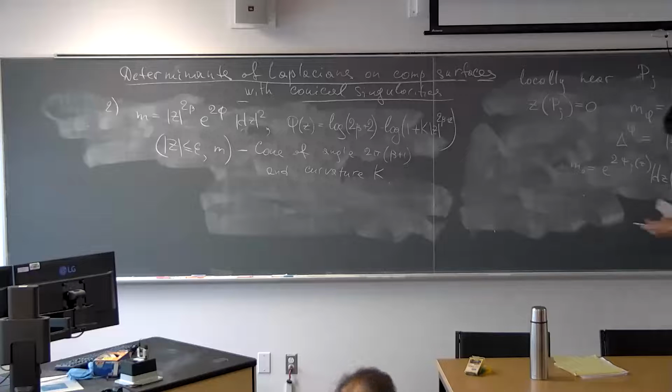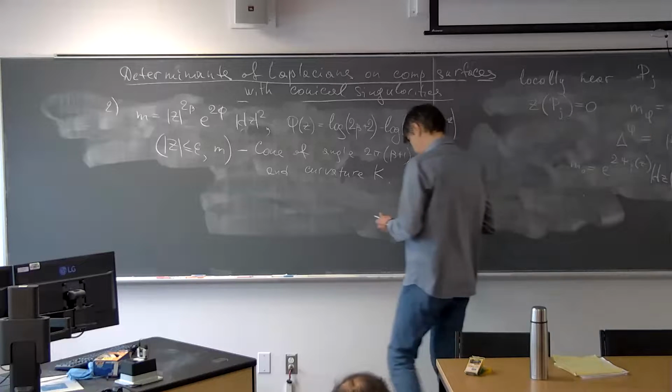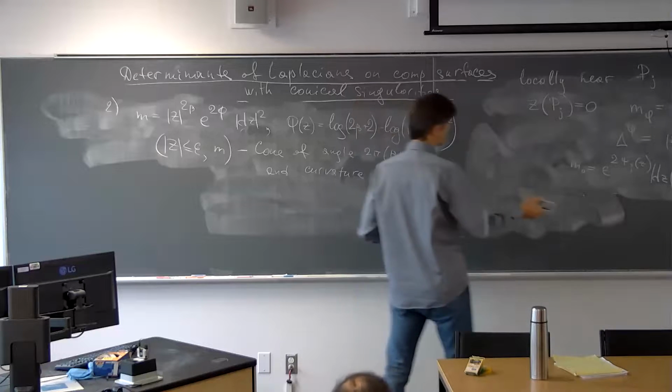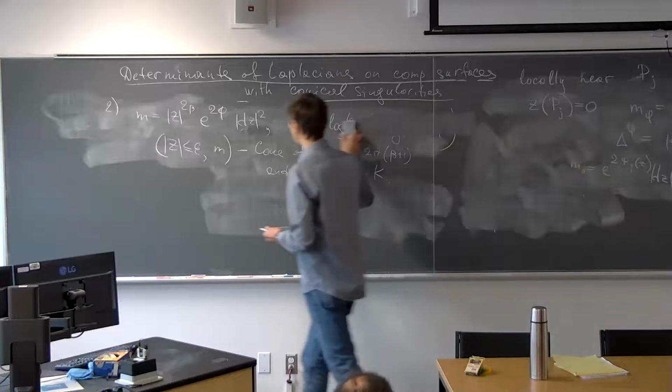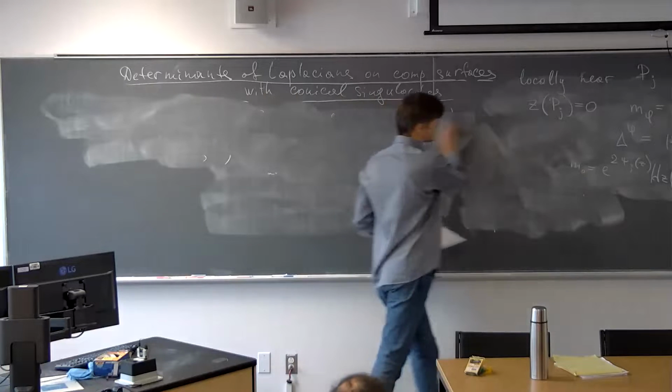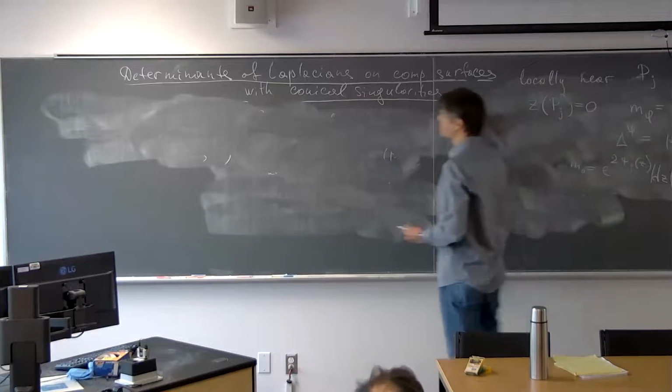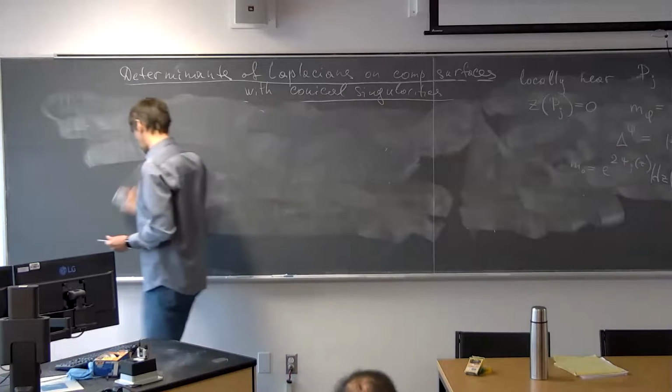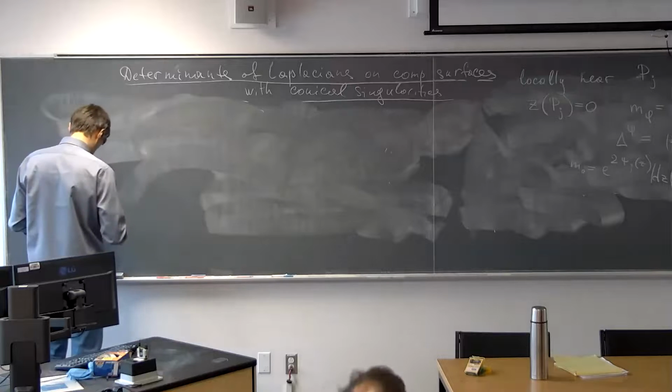So this is what we have locally, and then globally on M. For the first Laplacian, the one which corresponds to the metric with conical singularities, we take the Friedrichs self-adjoint extension.